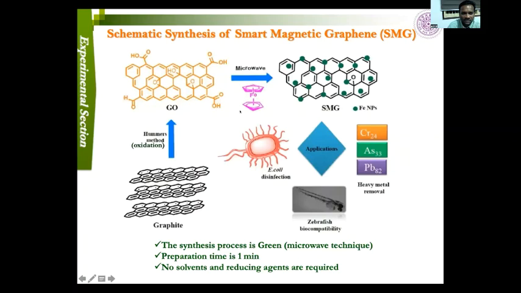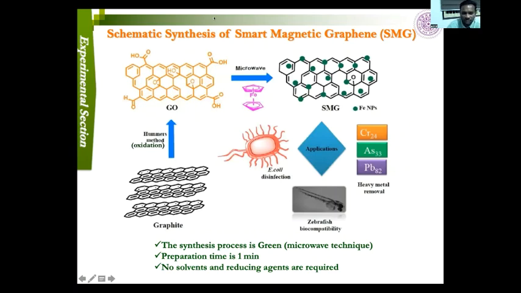This is the schematic synthesis of smart magnetic graphene for drinking water applications. We prepared smart magnetic graphene from graphite. In the beginning, we took graphite and, through Hummers' oxidation method, prepared graphene oxide. Graphene oxide or graphene is called a single layer of graphite. Because of oxidation, the graphite surface gets oxidized and these layers are separated out.